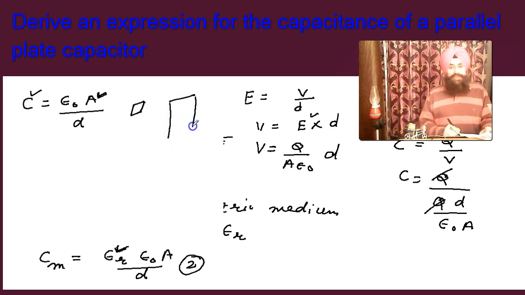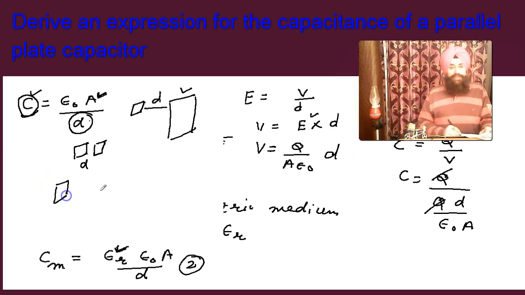If the area is large, then there will be more capacity. Second, this is the distance d between the two plates. If d becomes less, meaning the two plates are very close to each other, no connection but close, and d is less, then the value of C will be large.